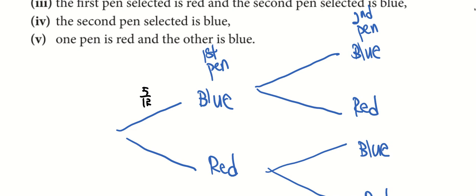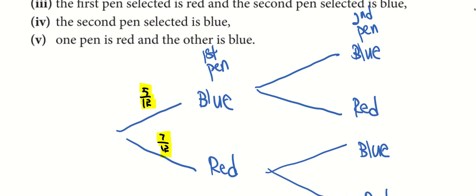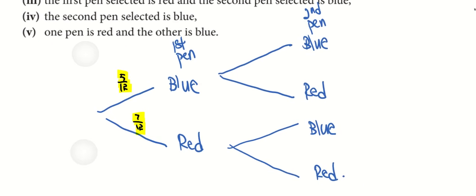Likewise, what happened to the red? 7 out of 12. Take note, all these branches must have a number, which is the probability, and the branches from one point must always sum up to 1. Since the pen is being replaced, the probability for the second pen in terms of the branches remains the same.